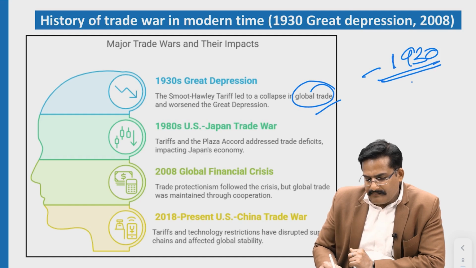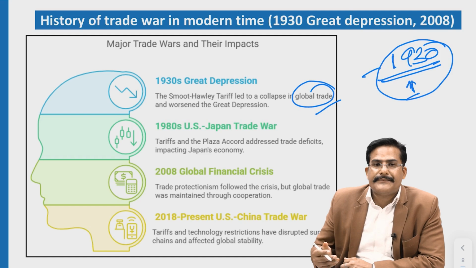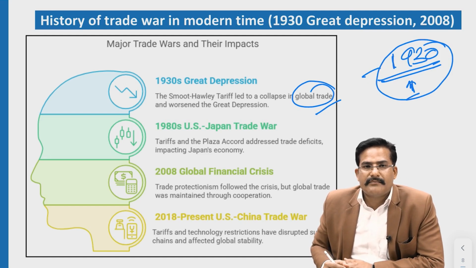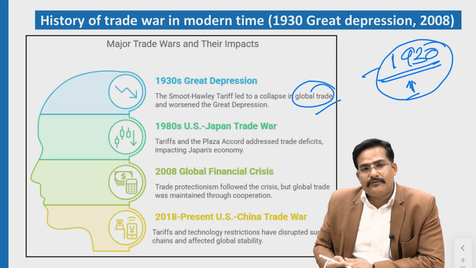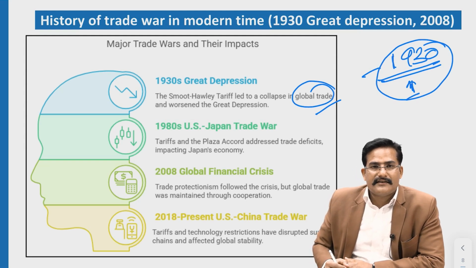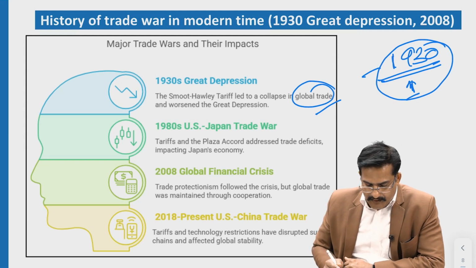That also led to a global recession, caused by this tariff imposed by the USA administration in the 1930s. At that time the world was less connected. At this time the world is more connected. That's why any trade war or tariff war, or for that matter weaponization of trade, will jeopardize the entire global economy in toto. That's why it is a matter of concern, right?